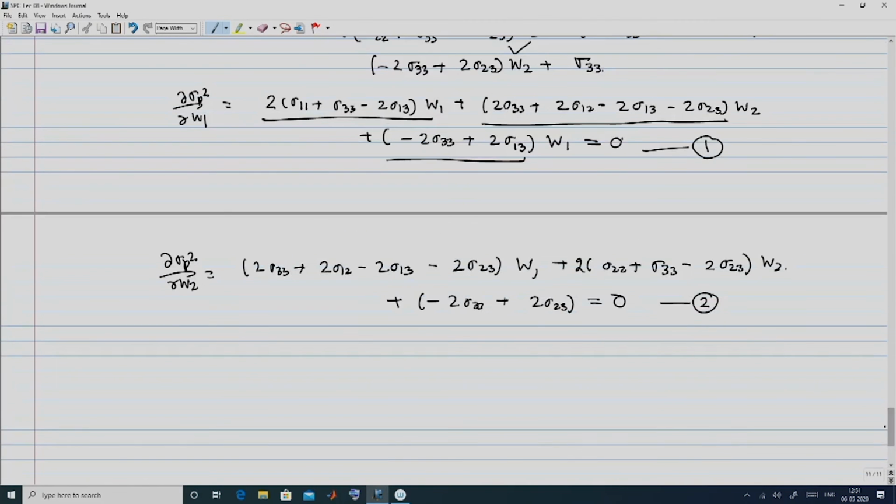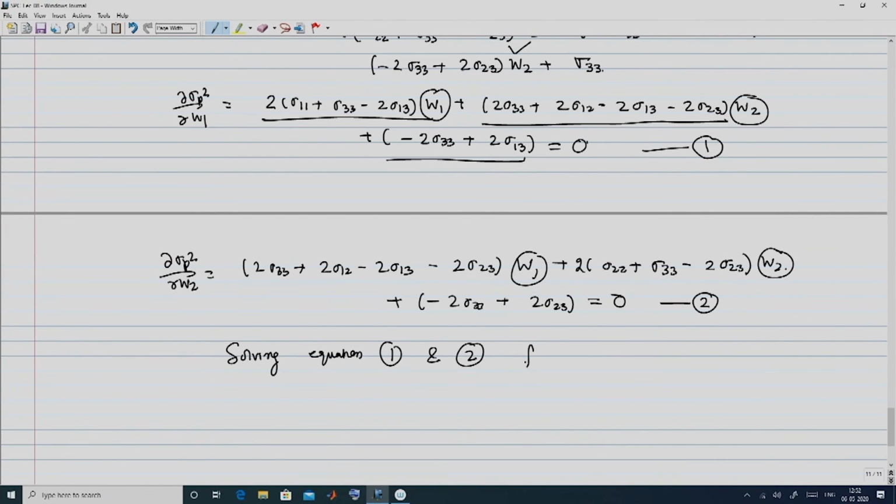So, if I solve equation 1 and 2, remember that these are linear equations in W 1 and W 2. Actually, there is no W 1 here. So, please make this correction. And here I have W 1 and W 2.